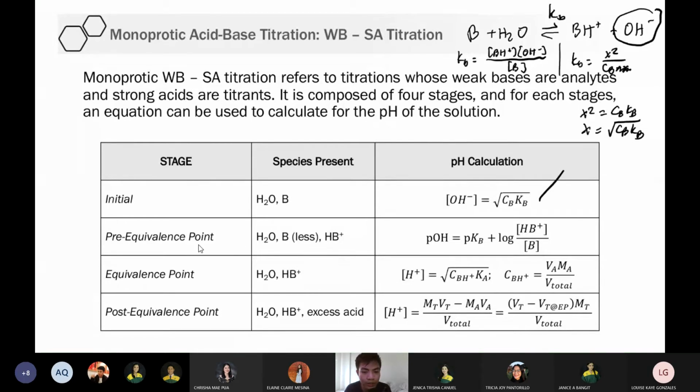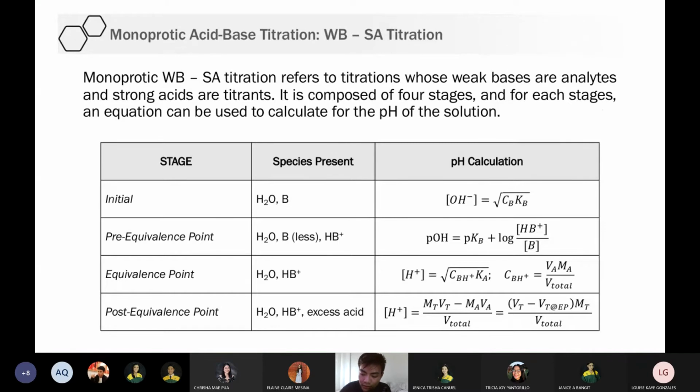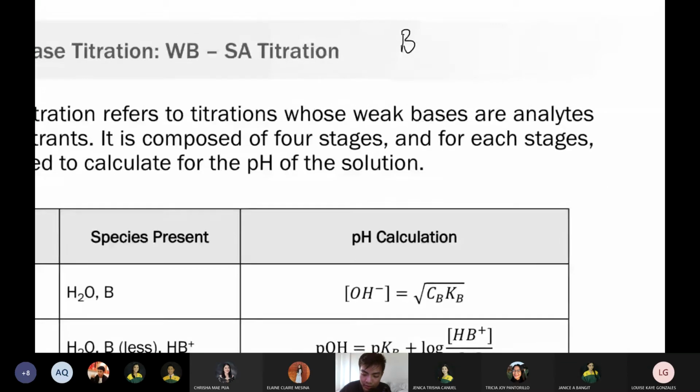Now, at pre-equivalence point, we are now adding acid titrant. What happens? The base is reduced, and the conjugate acid increases. When we add titrant, let's say HCl, we are producing BH plus. We now have a conjugate acid.